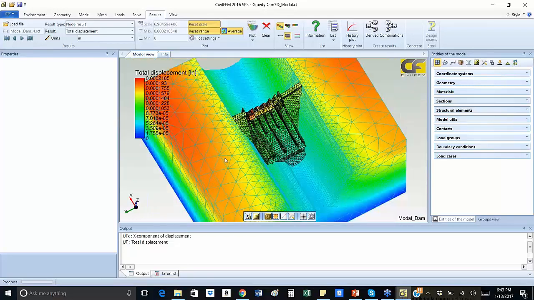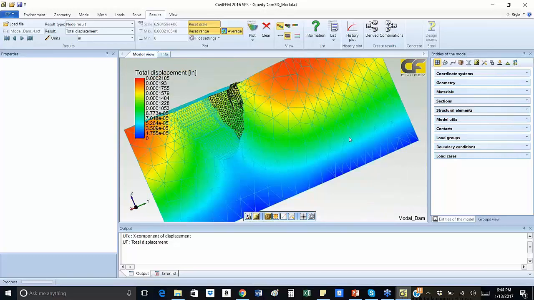We have also performed our static analysis, where we have applied the hydrostatic pressure.